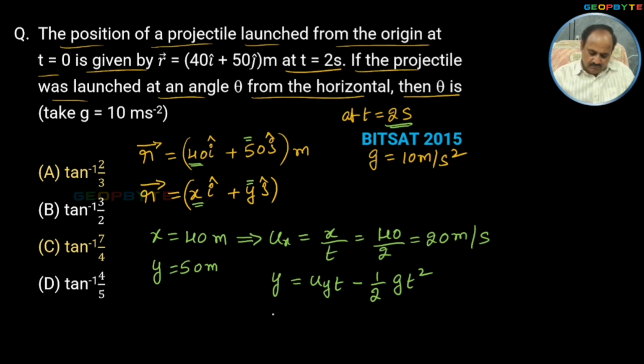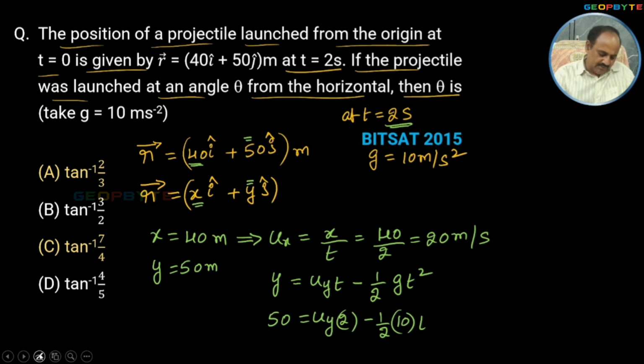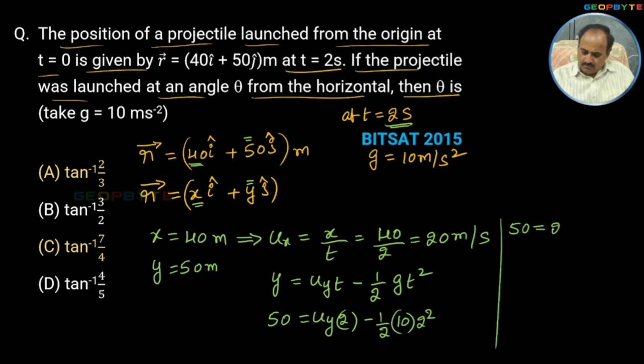Then y equal to, look at the y value, 50 equal to uy t minus half g t squared. The time period is given as 2 seconds, so t squared is 2 squared. Now let us simplify it. 50 equal to 2 uy minus 10 by 2 into 4, 5 into 4, 20.